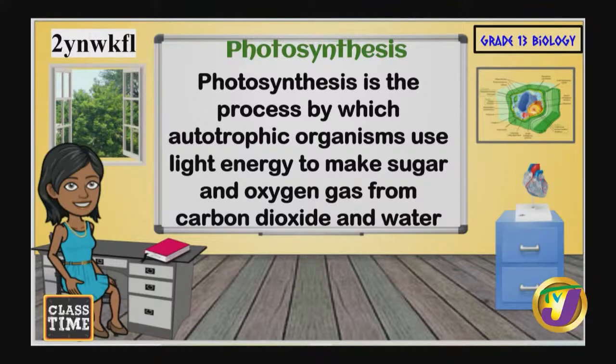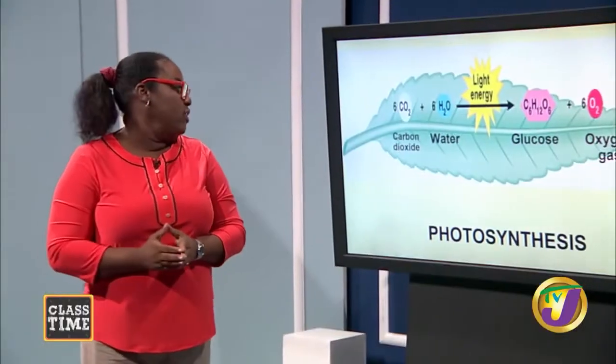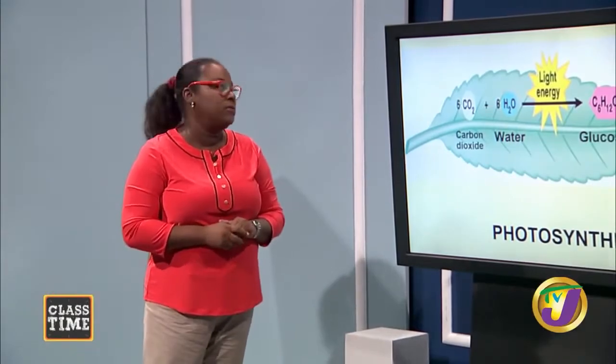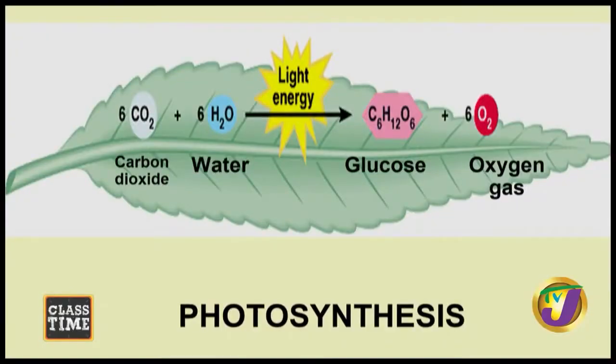And typically, from back in CSEC days, this is the equation that you would use, where you have 6 carbon dioxide molecules adding to 6 molecules of water, and in the presence of sunlight and chlorophyll produces glucose and oxygen gas.